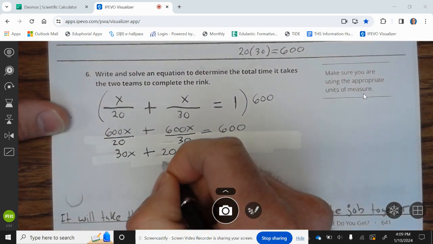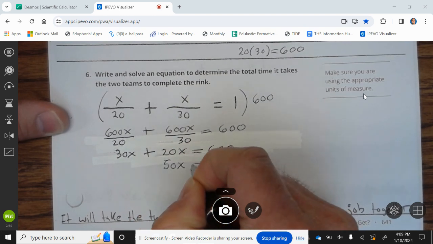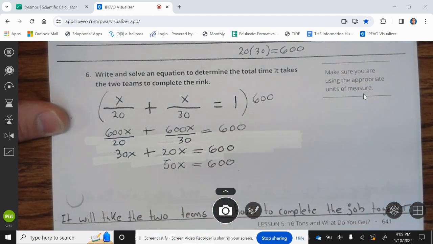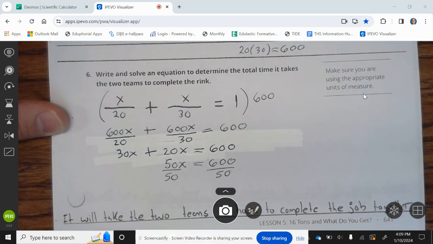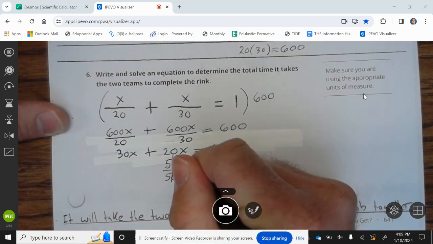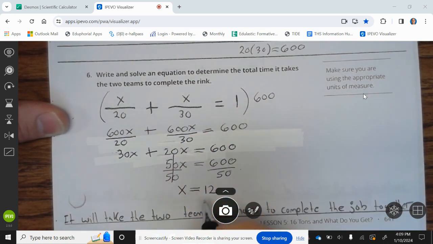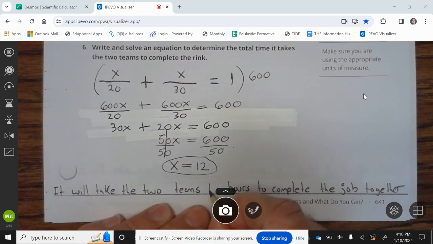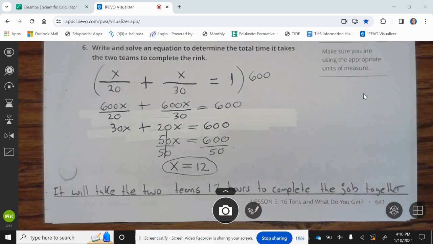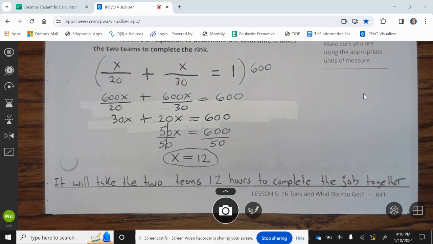Well, 30X plus 20X is 50X equal to 600. Divide both sides by 50. X equals 12. All right, it will take the two teams 12 hours to complete the job together. All right, go ahead and finish it up. All right, let's take a look at the next page.